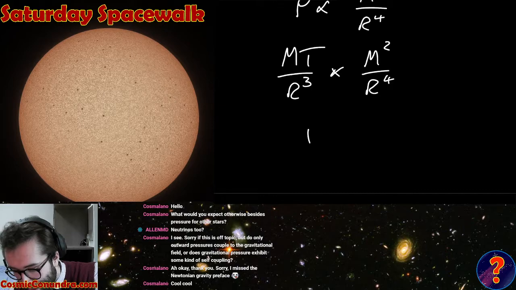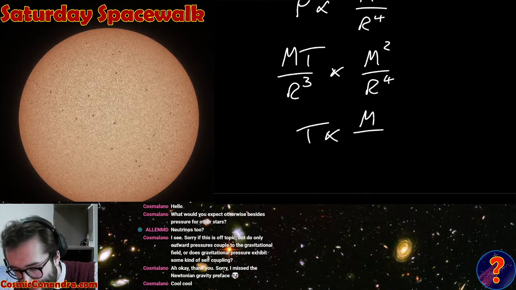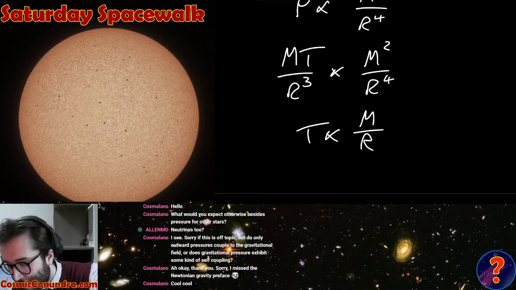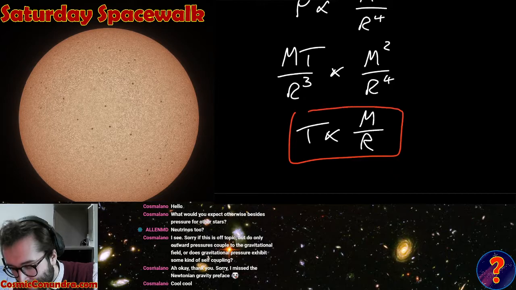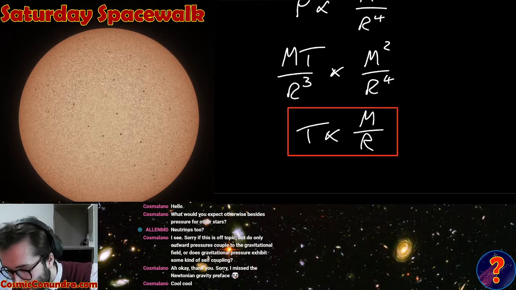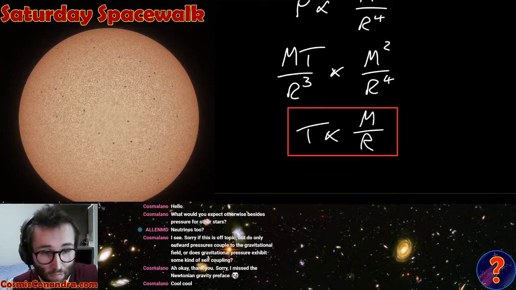And if you rearrange that for T, that just tells you that T is proportional to m over r. Okay, so that's one important scaling relation. The temperature of the star, on the main sequence anyway, is roughly proportional to its mass over its radius.